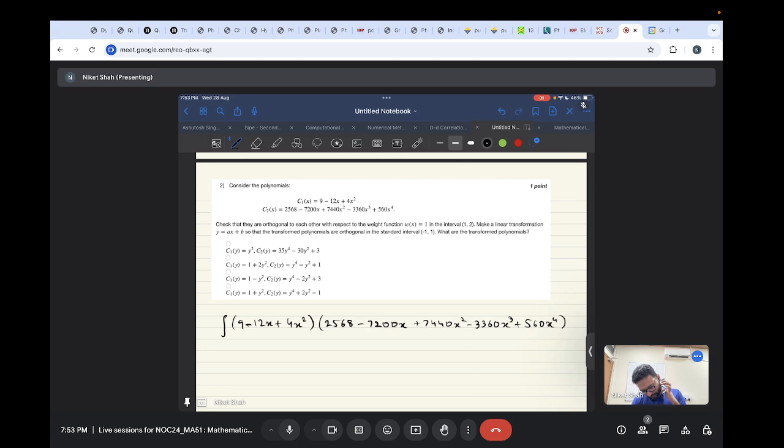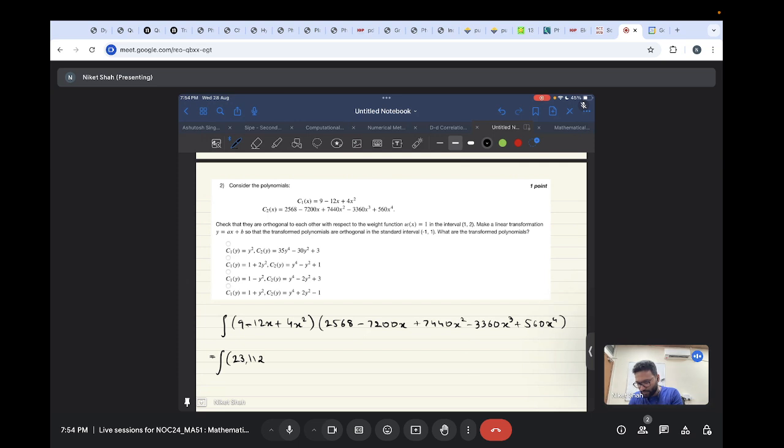So these are just some huge numbers, and maybe we'll just go about doing brute force calculation, but I'll use a calculator for this. The number calculation is a little bit tedious. So 9 into 2568 gives me 23,112.